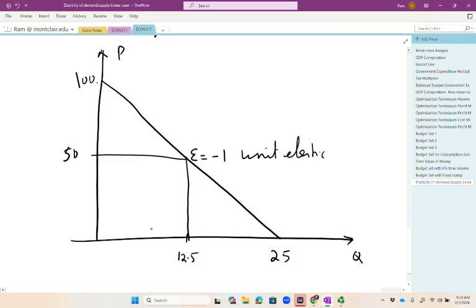When I took the quantity to be 10, we saw the elasticity here was, so let me first point out this price quantity combination with 10, I have price to be 60, elasticity was negative 1.5, we call it elastic demand.